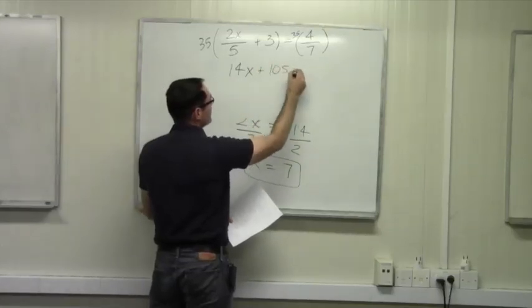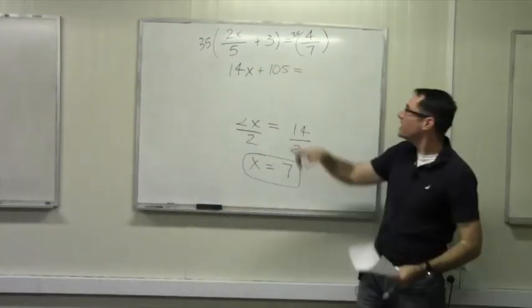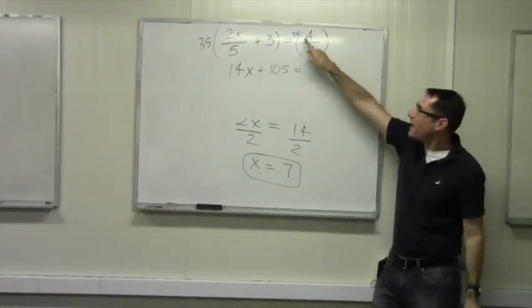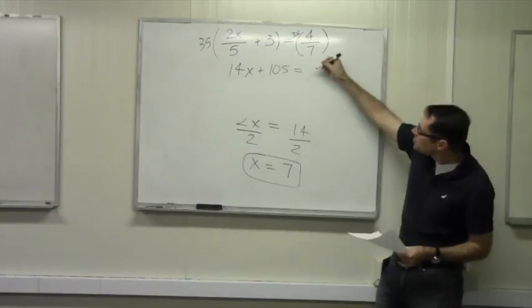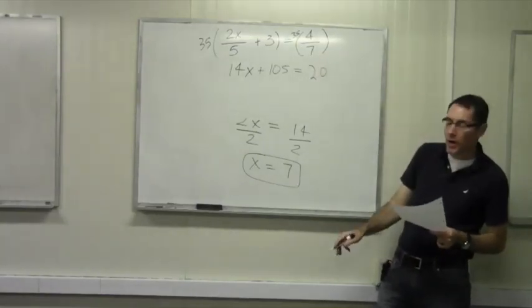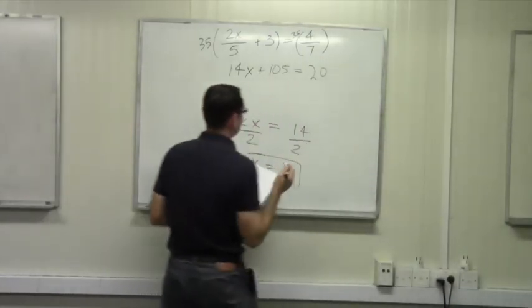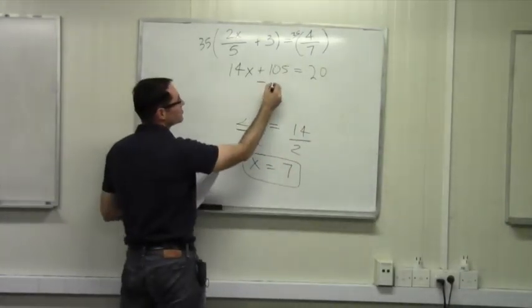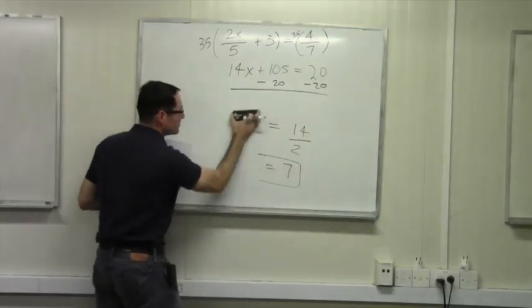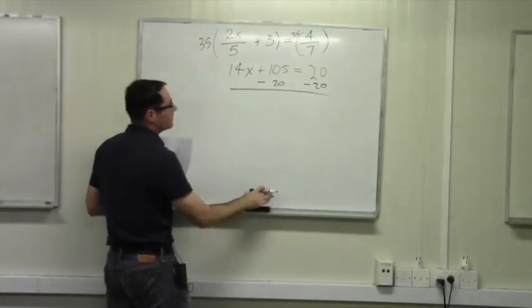105 equals, you do the same thing over here. 35 divided by 7 is what? 5. 5 times 4 is 20. So you're left with 14x plus 105 equals 20. And then you can do the same things you'd do before. Subtract 20 from both sides. All right.